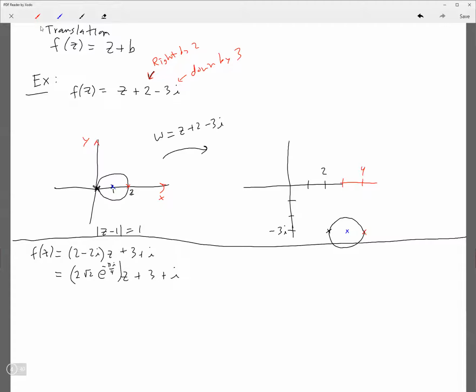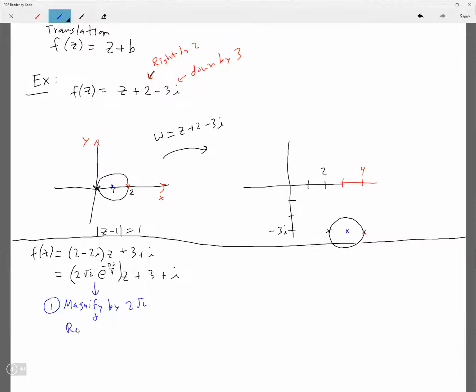Okay, so what this function would do is you start with what's right here. This is what you do first, and then you do this part. First you're going to magnify by 2 root 2, so that makes it bigger by a factor of 2 root 2.